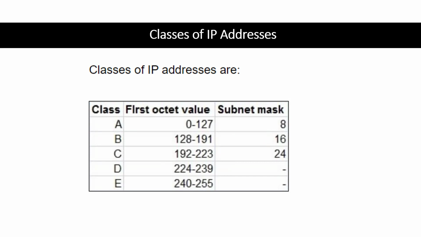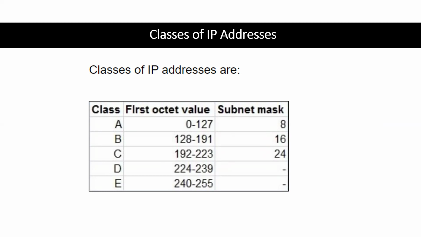So class A is first octet 0 through 127, subnet mask of 8, because the network is only worried about the first 8 binary bits in that IP address portion, not the subnet mask.